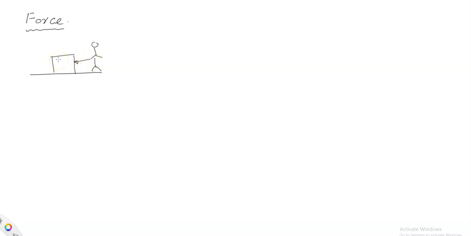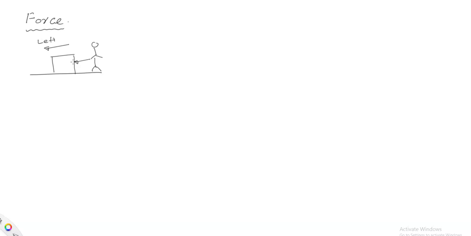Now if you want to move it to the left, this is the direction, you have to apply a force in that direction. If you want to move it to the right, you either pull it or you come from the other side and apply the required force.